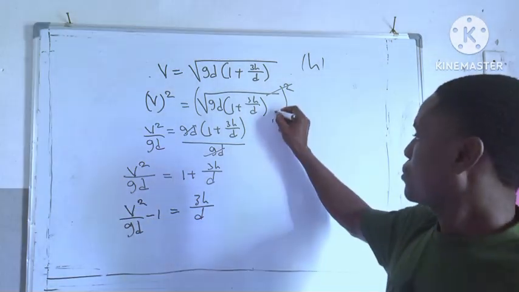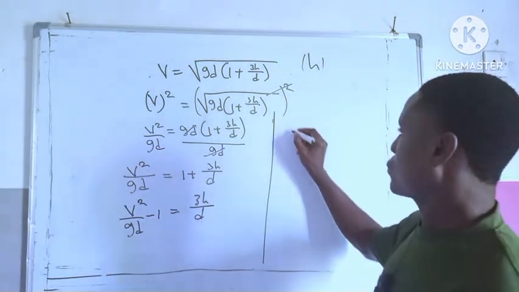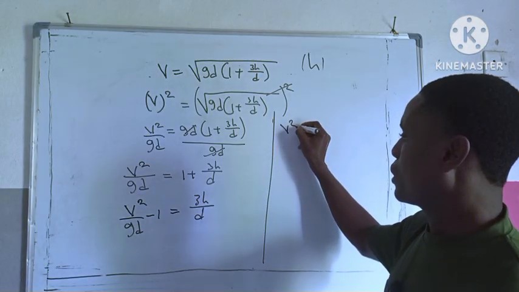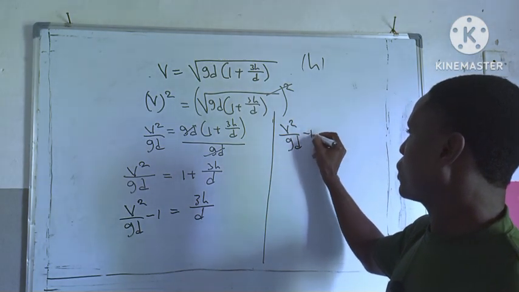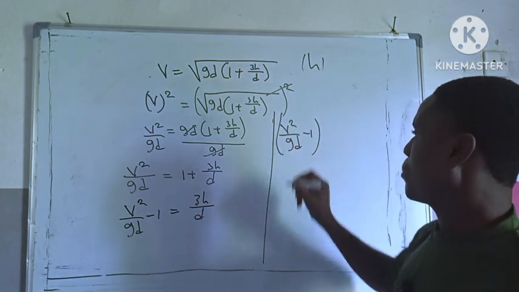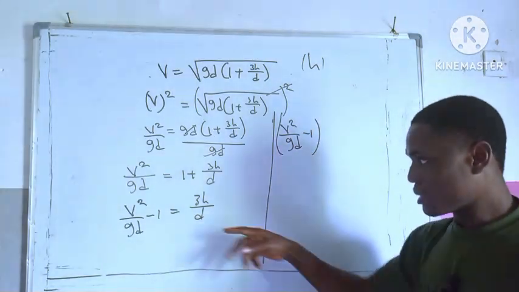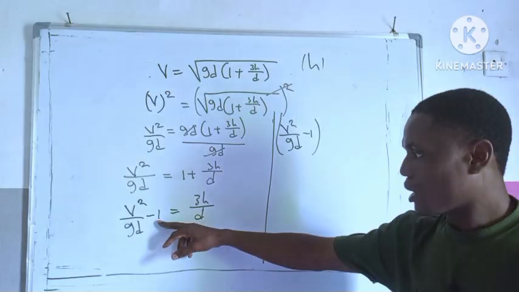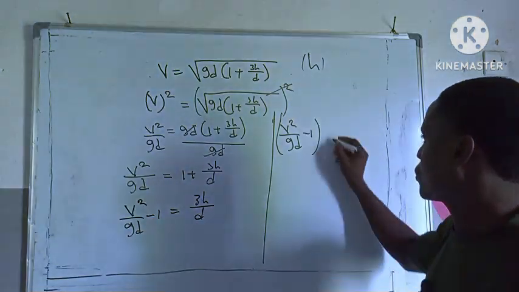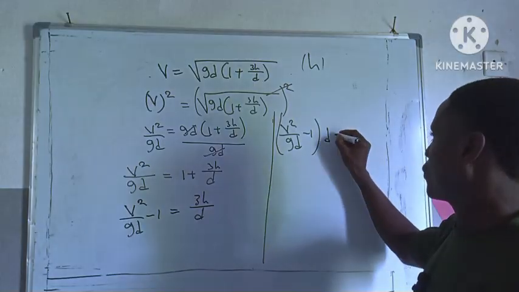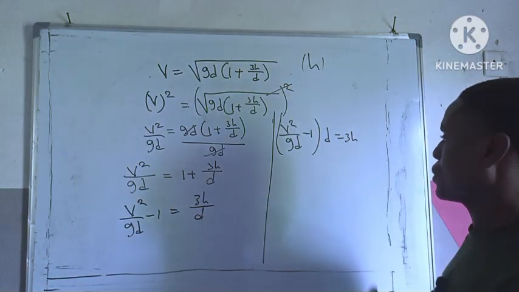So it will now be v squared all over gd minus 1. We can put brackets since we have this sign here. I want to use this d to multiply this side, so it will be d times the bracket equal to 3h.